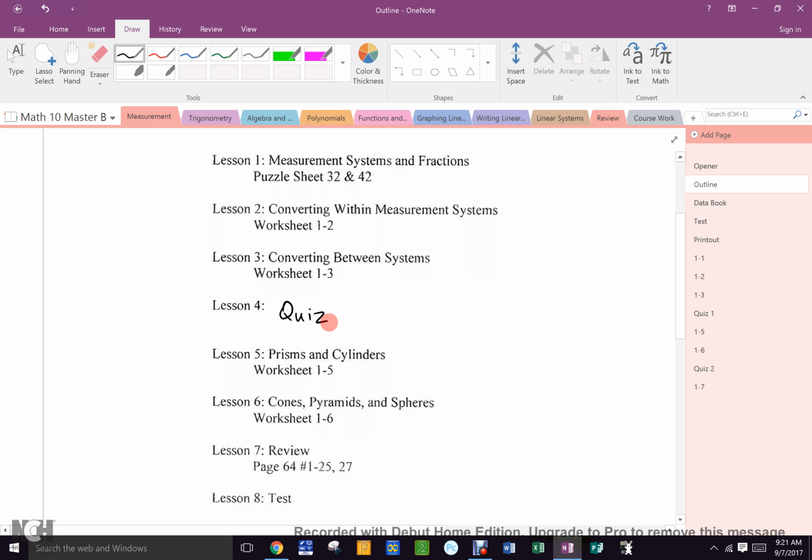But all the stuff we do is always on here. Now, this right here looks like a textbook page. And sometimes what I did was I took that textbook page and I photocopied it, and it's in your book already. So you would flip to the page in your book, and it would say page 64 with the numbers on it. But I didn't do it for this unit. So this is just review.